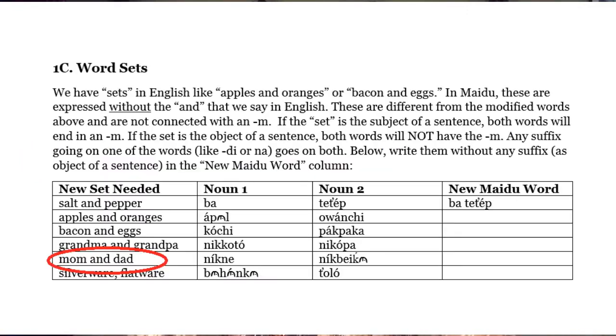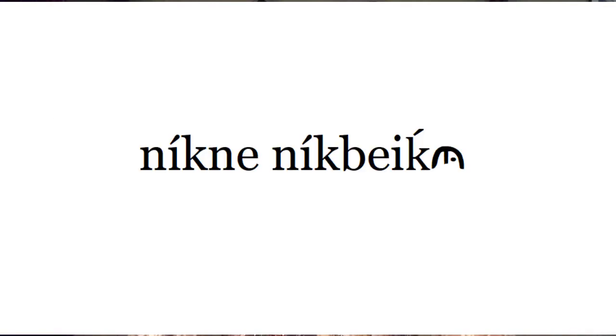Now let's skip down to mom and dad. How would you say it? Nikne, nikbeke. My mother and my father. What if they're the subject of the sentence, like mom and dad are old?